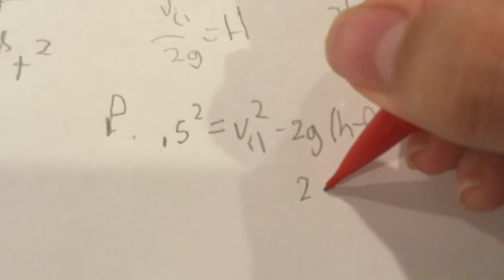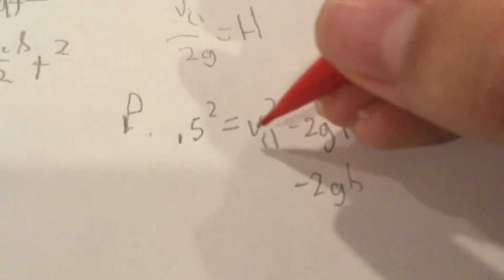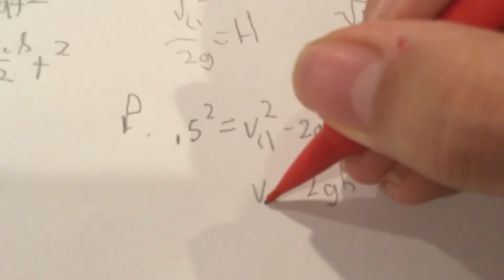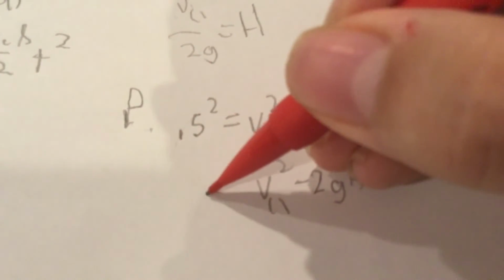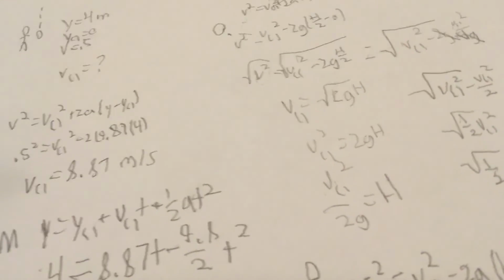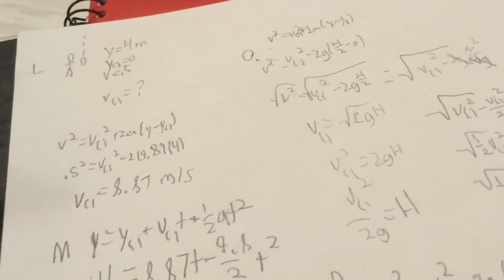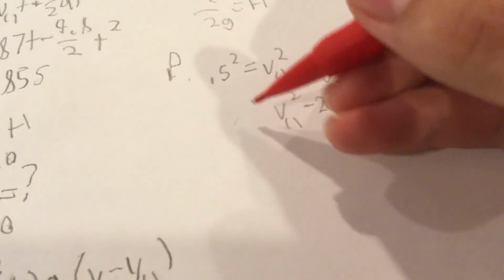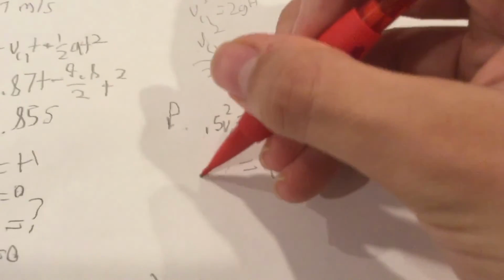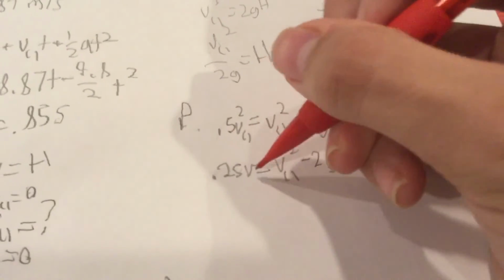Okay, 2gh. 0.5 squared is just 0.25. Oh, this is v naught equals 0.25 v naught.